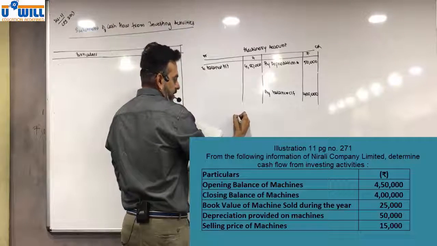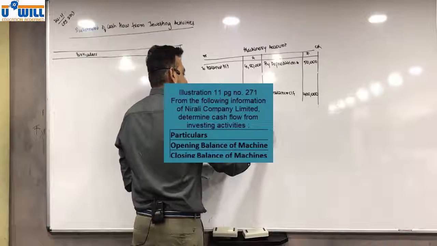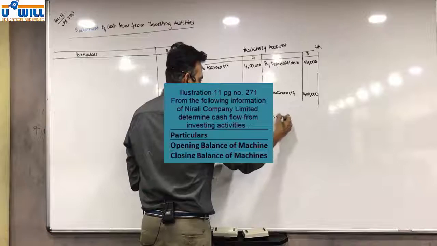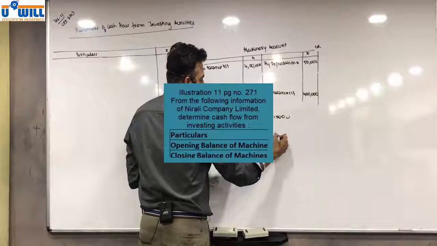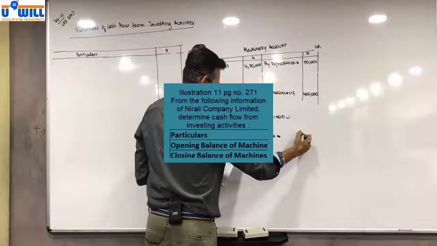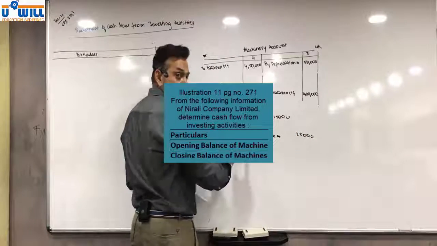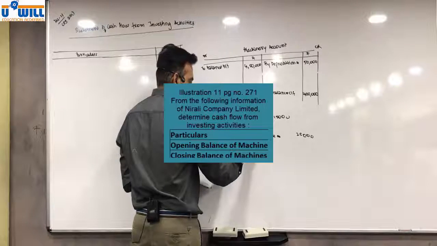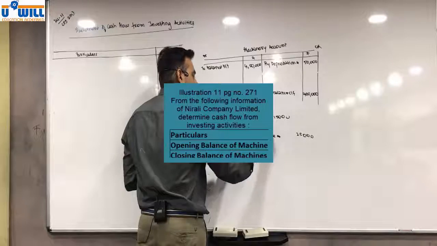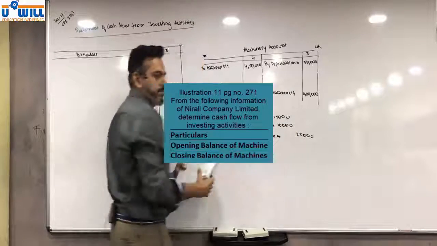Now what's the journal entry for machines sold? Sales is 15,000. So cash or bank account debit 15,000 to machine account. Machine goes out. What's the difference? Loss. Yes, loss. So we write profit and loss account debit 10,000.